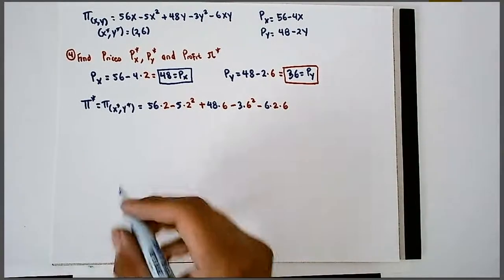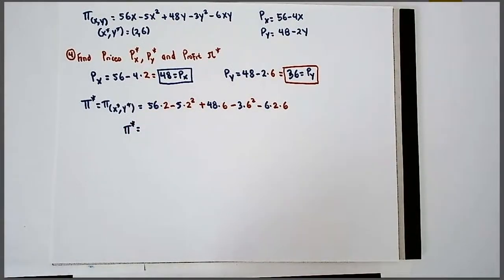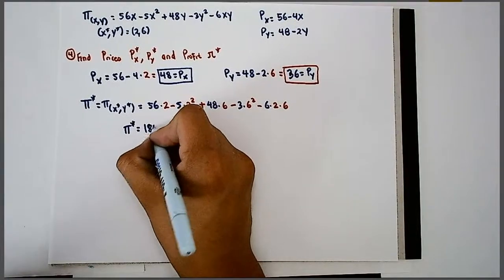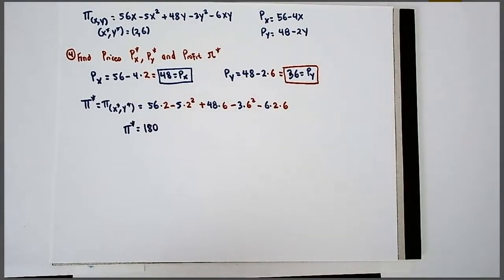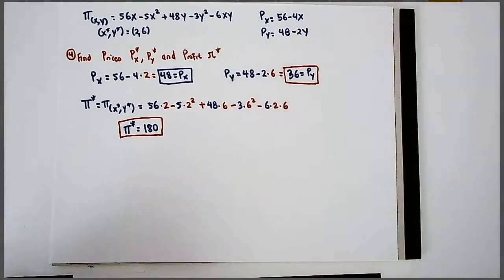When you solve that algebra, you obtain that your optimal profit is equal to 180. So this is the solution of our problem.